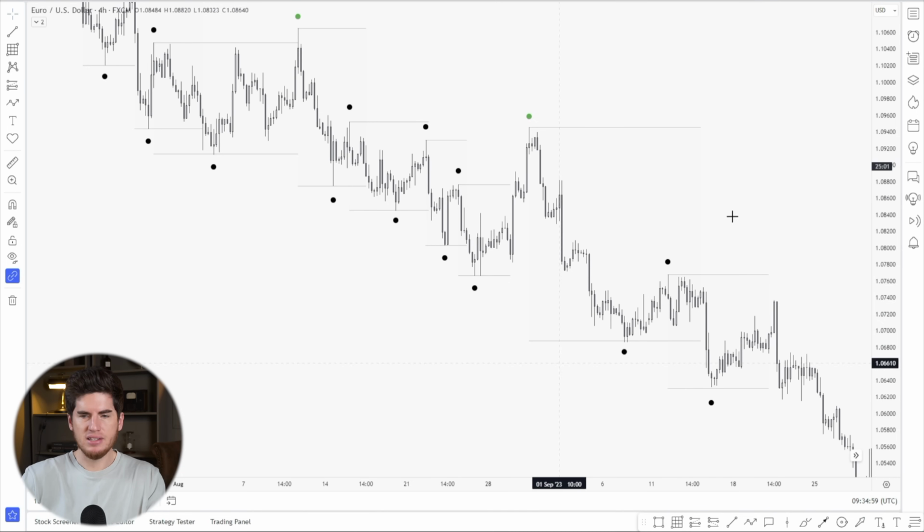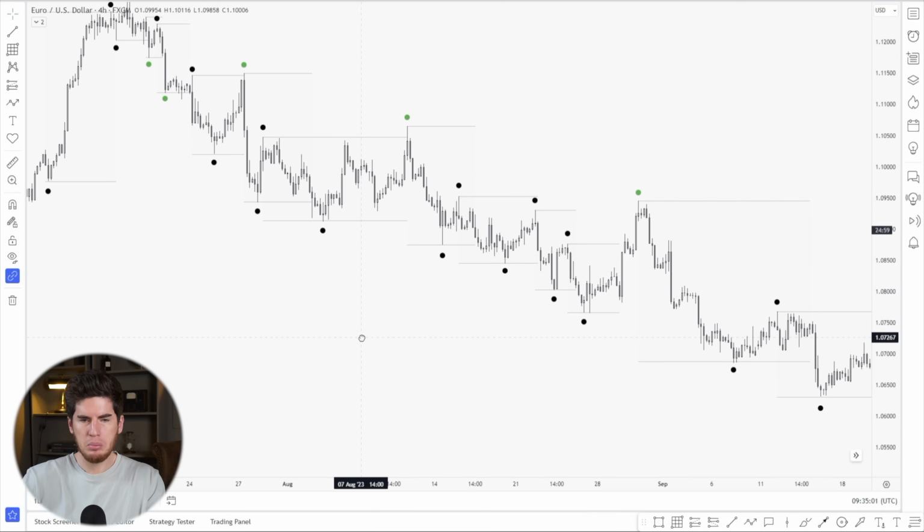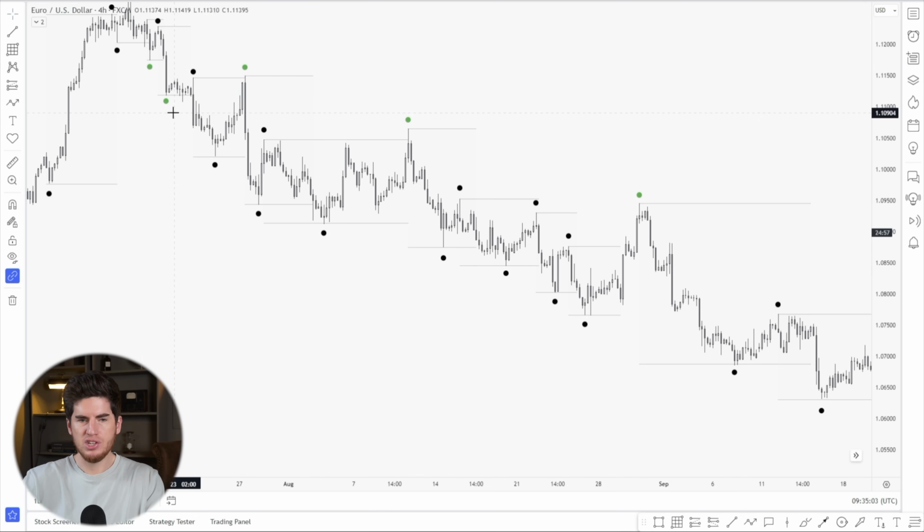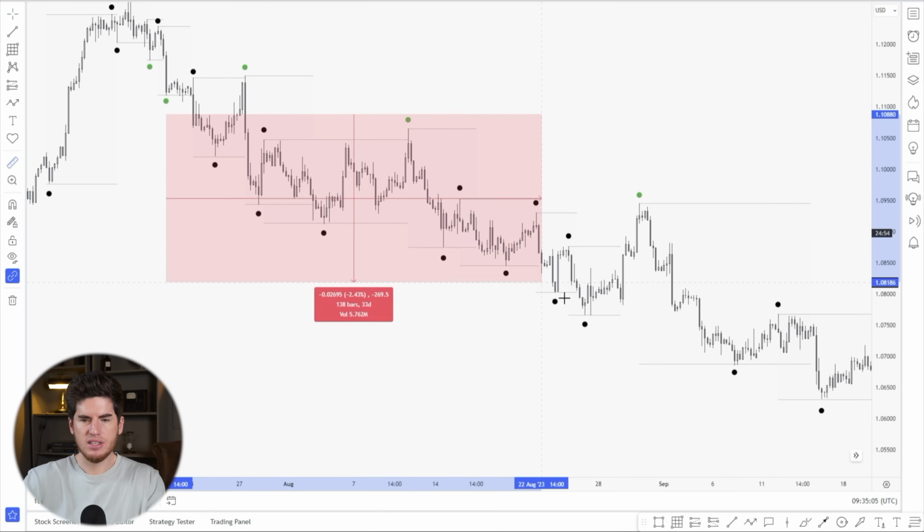And this is a great way of backtesting as well, because once you've got these swing points, you can see, okay, I've been trending since here to the downside.